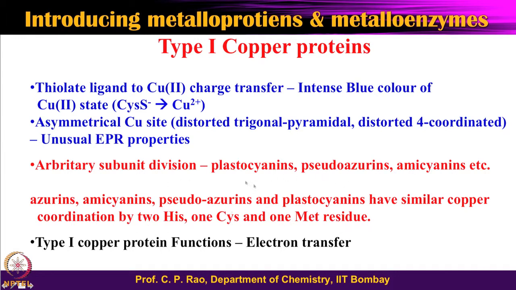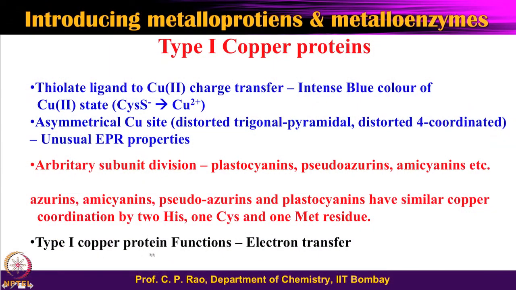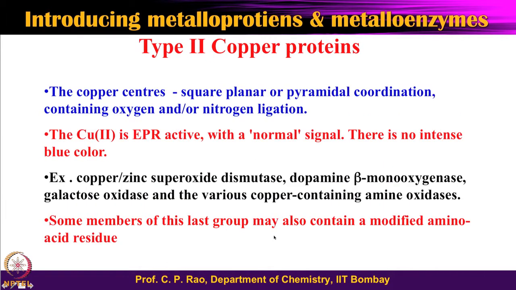I will come to more details of the coordination sphere a bit later, after I cover type 1, type 2, type 3 and other types of protein. Then I will explain the actual coordination. So, what is the function of these proteins? The main function of type 1 copper proteins is electron transfer. We will see how they do the electron transfer.